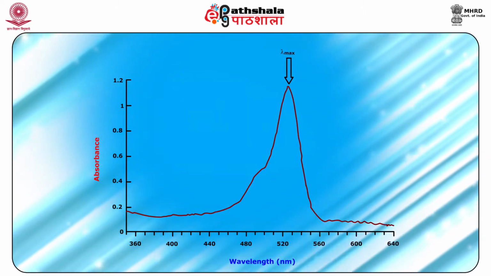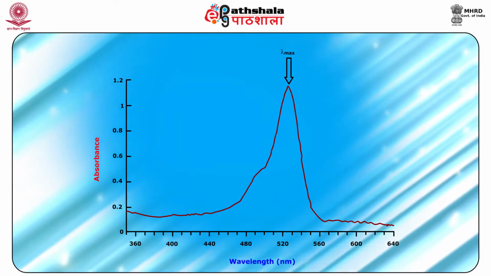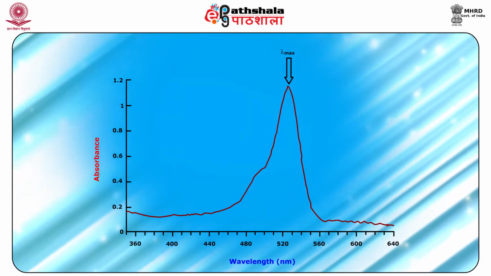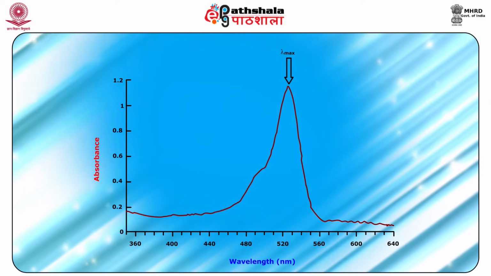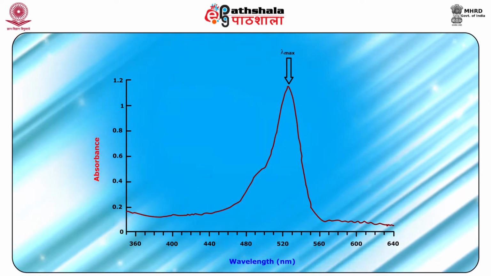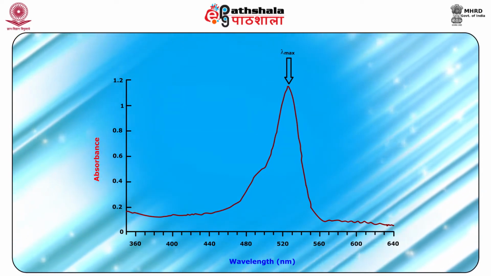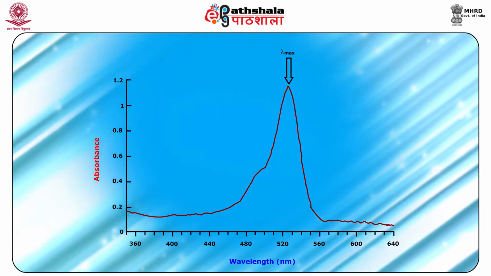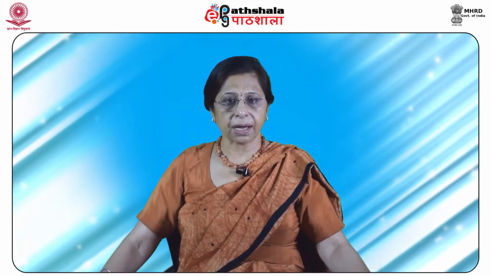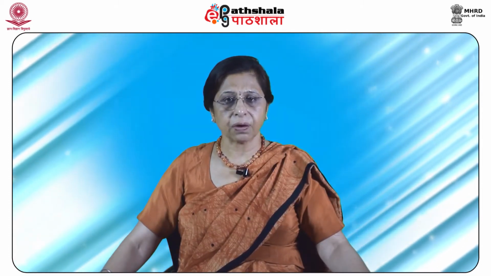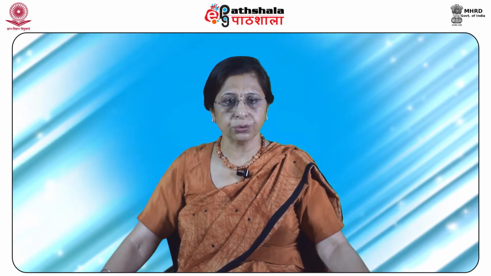Now the significant features of UV visible spectra are lambda maximum, at which maximum absorption occurs, and the intensity of absorption. These parameters are characteristic of a particular molecule.